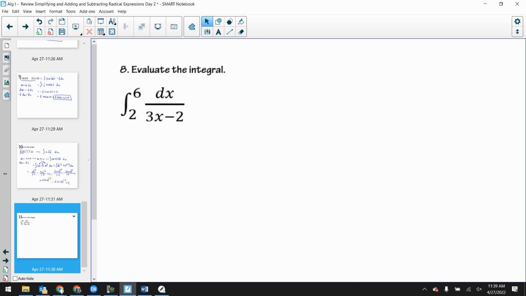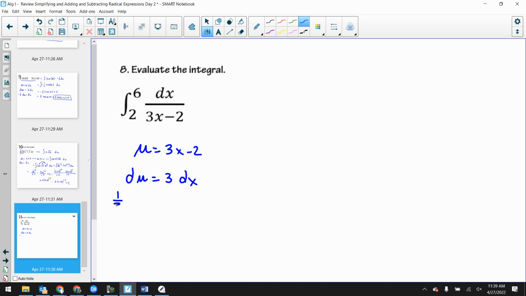Okay, so my u is obviously 3x minus 2. So du is 3dx. So 1/3 du is equal to dx. Now, the reason why we're doing 1/3 du is because we just need a dx, because now if we do 2 to 6, we can write this as 1 over 3x minus 2 dx, right?